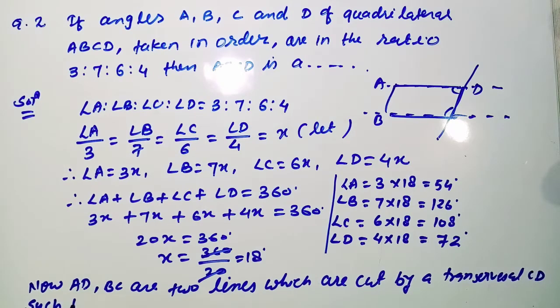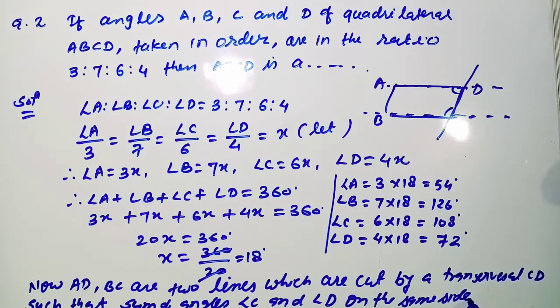Such that the sum of angles A and D on the same side of the transversal should be 180, right?